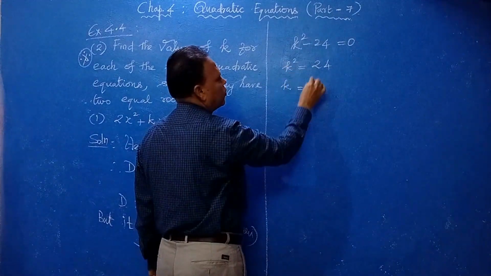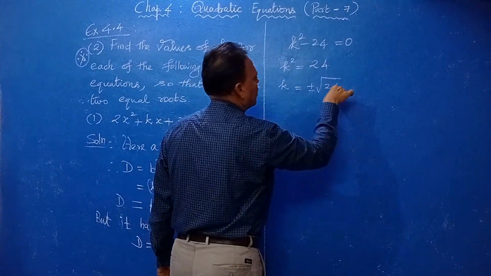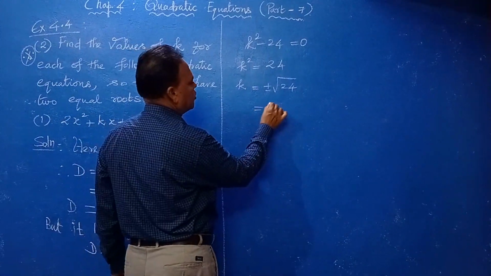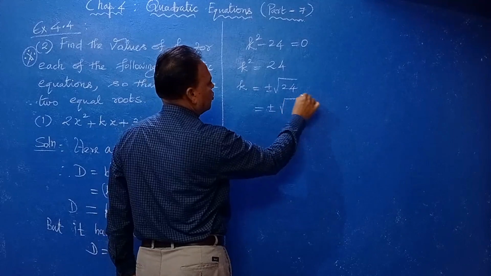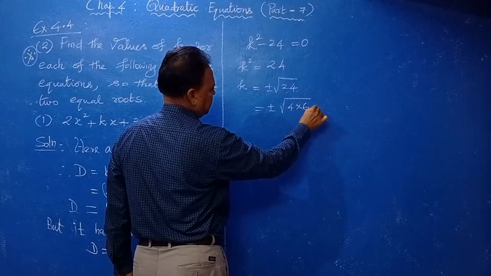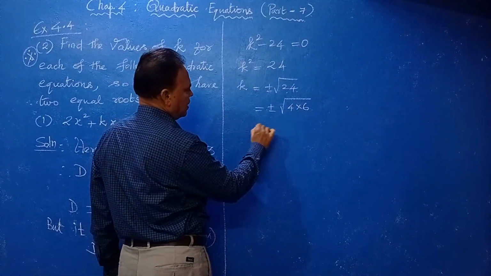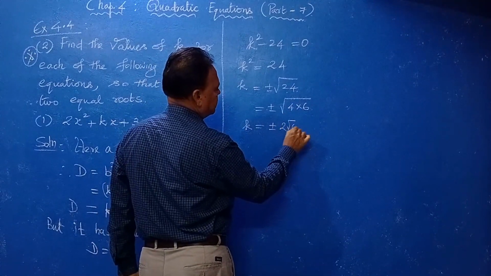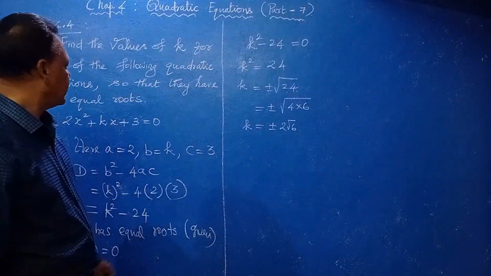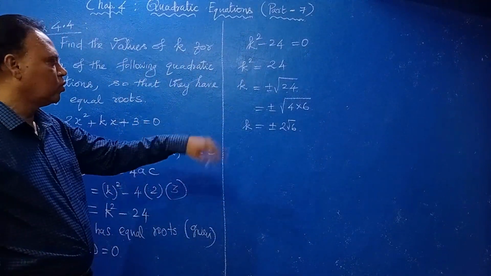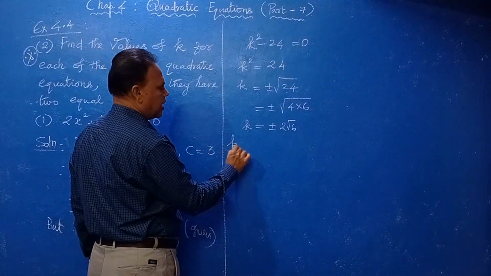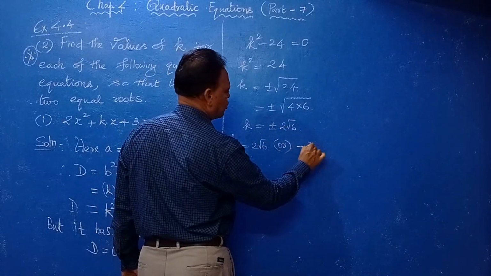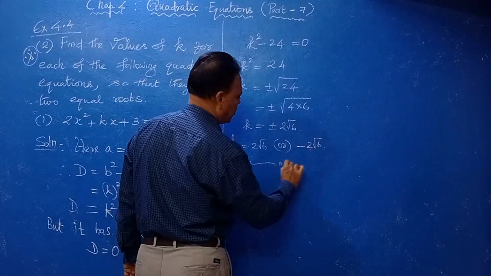Now k equal to plus or minus root over 24. When you take square root, plus or minus you write. Therefore that is equal to plus or minus, this 24 can be written 4 into 6. Therefore k is plus or minus 2 root 6. So k may be 2 root 6 or minus 2 root 6. You may have 2 k values here.